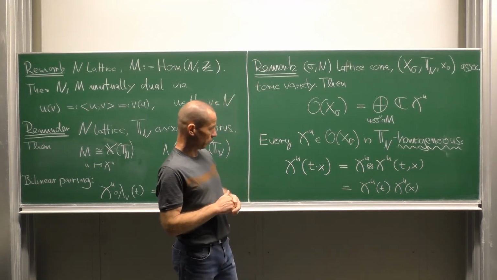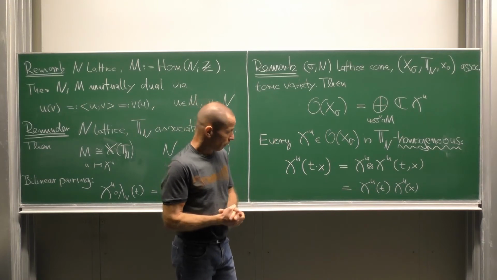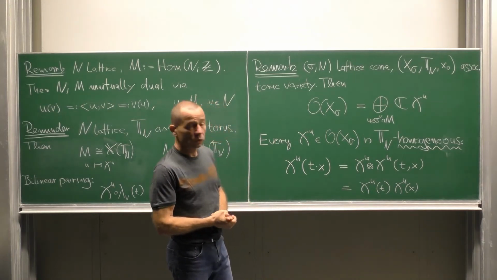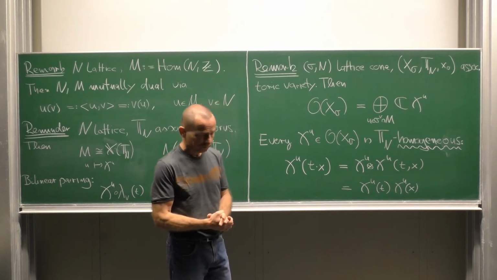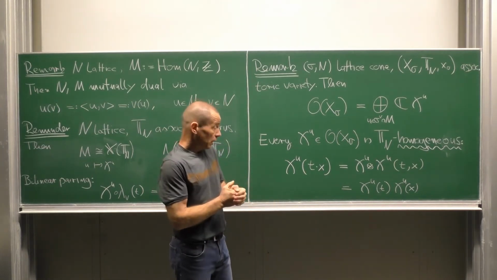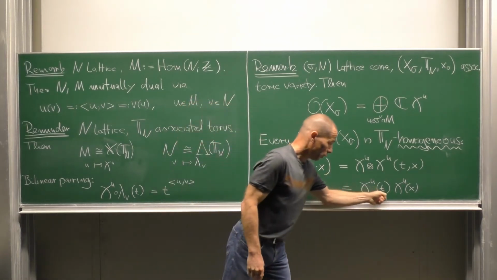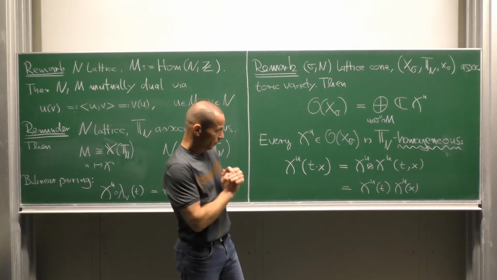That means the following. If we evaluate chi u at a point t times x, then the result should be chi u applied to t times chi u applied to x. Why is this true?